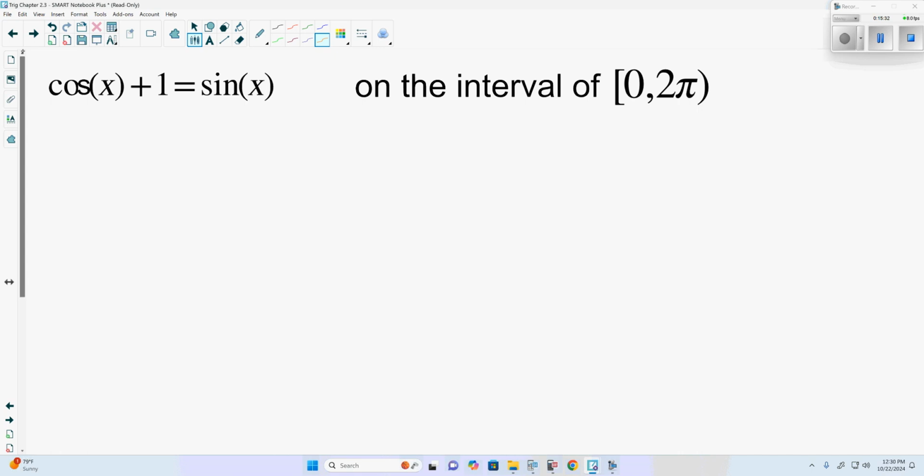Cosine of x plus 1 is equal to sine of x. Now, for us to be able to solve this, we need this all in terms of sine or all in terms of cosine.